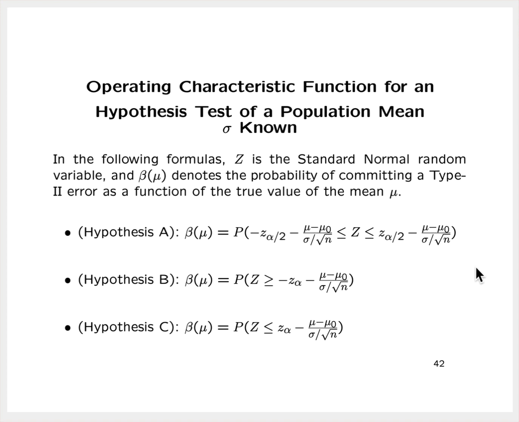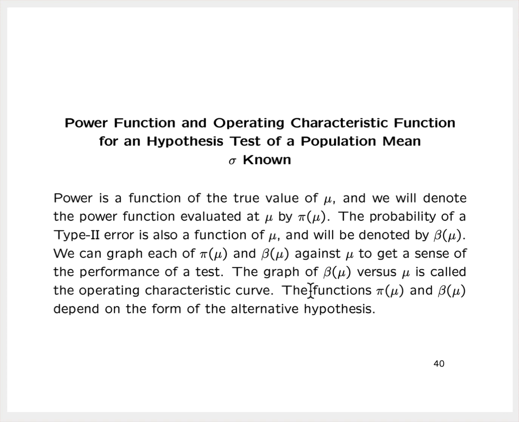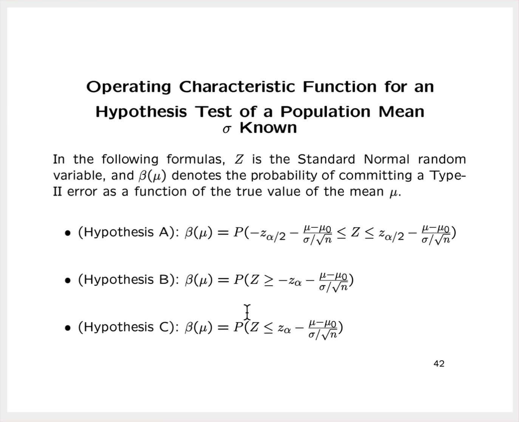Now, in the following formulas, the random variable z is the standard normal random variable, and beta evaluated at mu denotes the probability of committing a type 2 error as a function of the true value of the mean mu. And so for each of these three kinds of hypotheses, a two-tailed test, a left-tailed test, and a right-tailed test, as we indicated on slide 40, the power function and the beta function depend on which hypothesis we're dealing with.